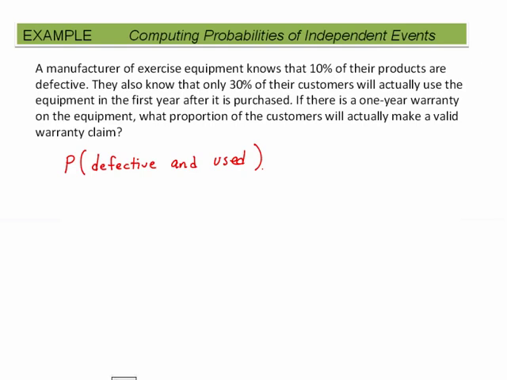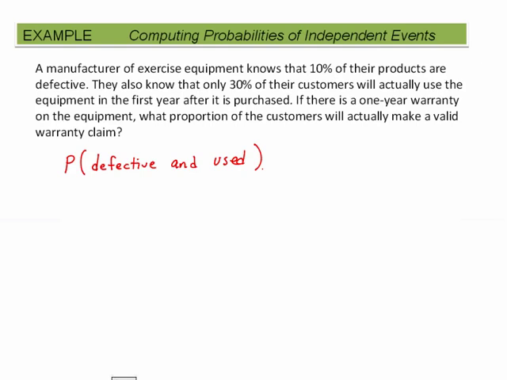Now, ask yourself this. Does the probability that a customer purchases a defective piece of equipment have anything to do with whether or not the customer actually uses the equipment? In other words, does a company intentionally try and sell defective pieces of equipment to those folks that they suspect aren't going to use it?